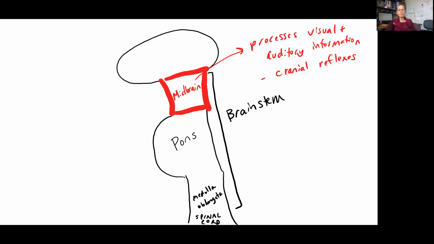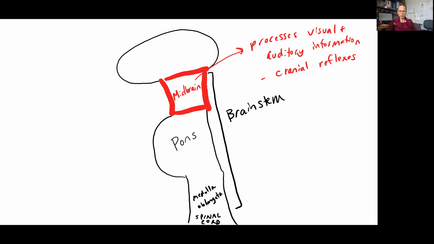So when we talked about reflexes, we looked at examples of reflexes that were processed at the spinal cord, but we do have some processed here at the midbrain, so they would be referred to as cranial reflexes. If you hear a loud noise, you might turn your head in the direction of that sound, or if you see a flash of something in your peripheral vision, you may turn your head in the direction of that flash to get a better idea of what it is.